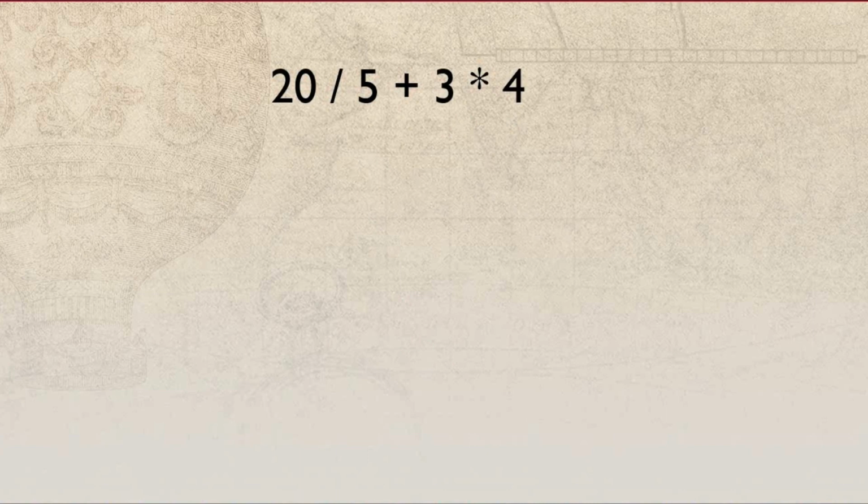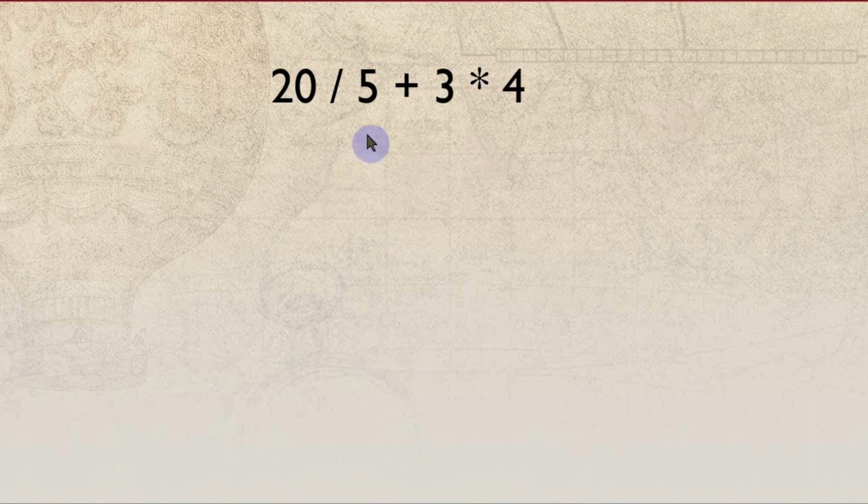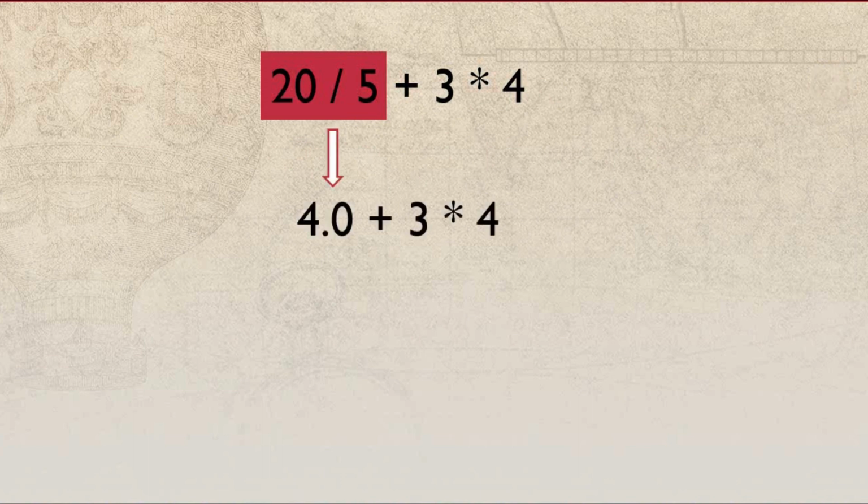Coming to the next expression, here we have three operators: division, addition and multiplication. Two operators have the same precedence, division and multiplication, and compared to addition, both have higher precedence. Among division and multiplication, if we consider the left to right associativity rule, division will be evaluated first. 20 divided by 5, we will get 4.0. Now the expression is reduced to 4.0 plus 3 multiplied by 4.